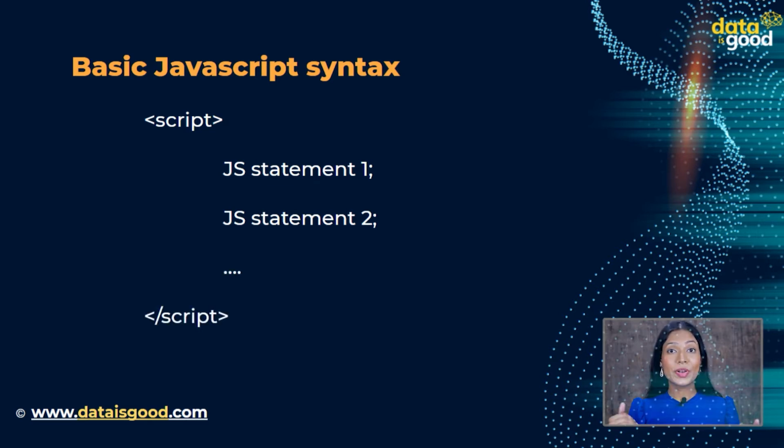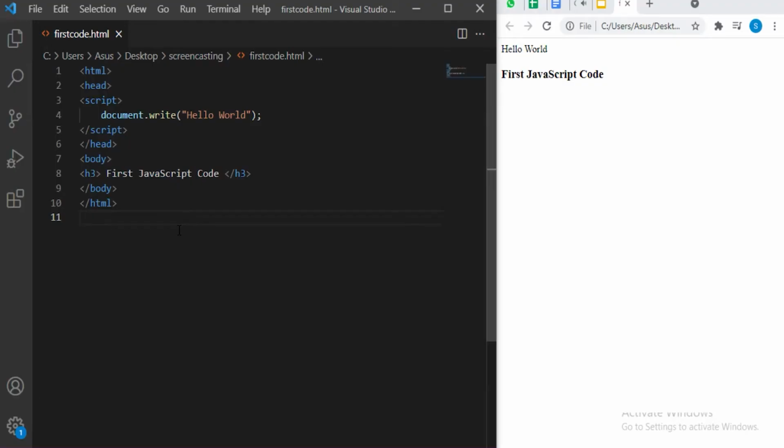Here is an example code where the script is placed within the head tag of HTML. Similarly, you can place the script tag within the body tag of HTML code also. In our first program, we are calling a function document.write, which writes a string into our HTML document.